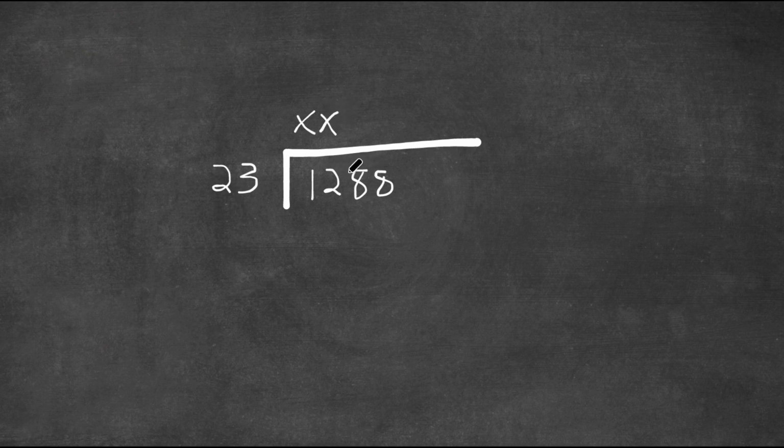Now we're going to add our 8 onto this number. So now we have 128. How many times can 23 go into 128? And 23 can actually go into 128, and it can go into 128 5 times. 23 times 5, that's going to be 115.